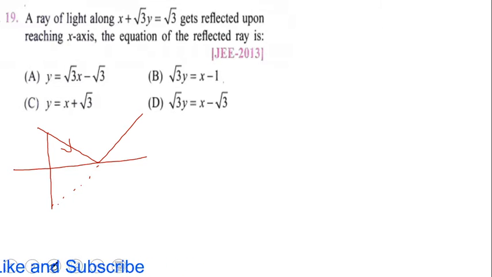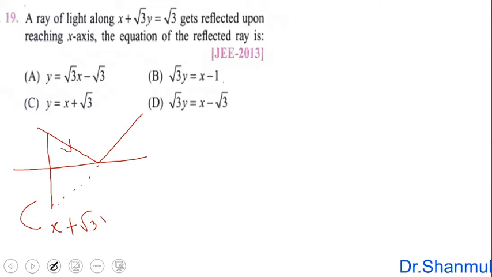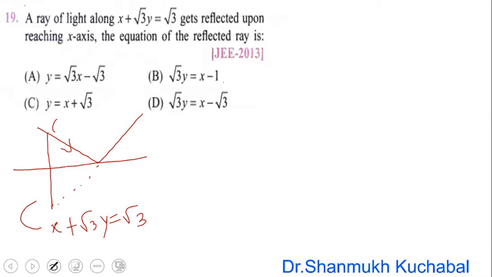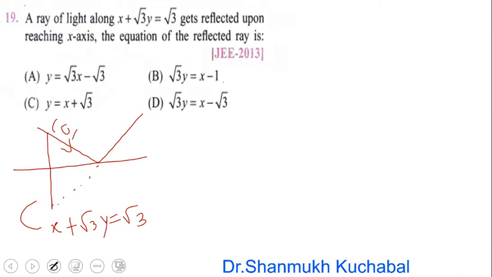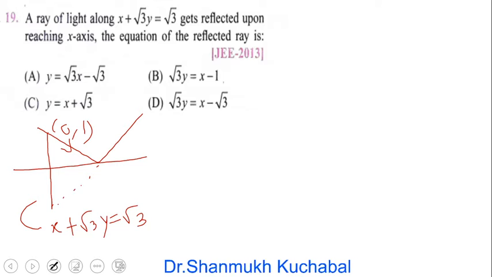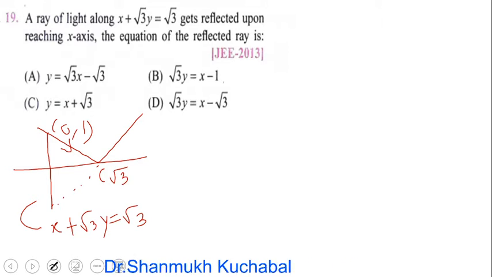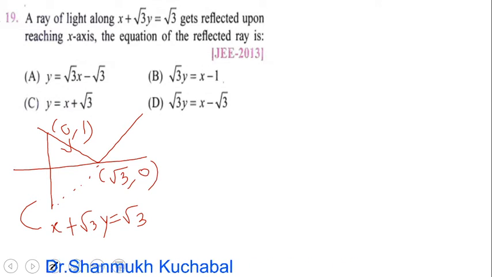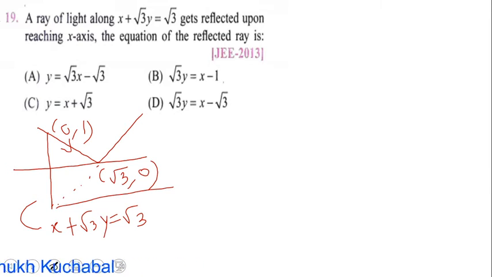So our equation is x plus root 3y equal to root 3, and here the point we are going to observe is 0 comma 1, and here the point is root 3 comma 0. So from this we have to write it, and from here 0 comma minus 1 in this triangle.